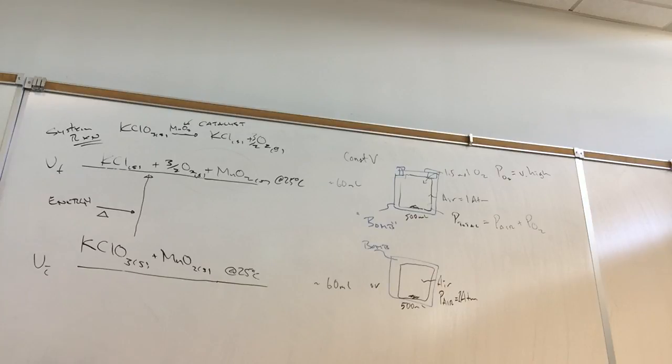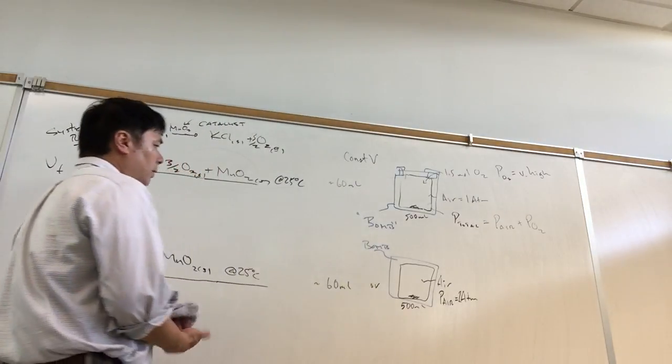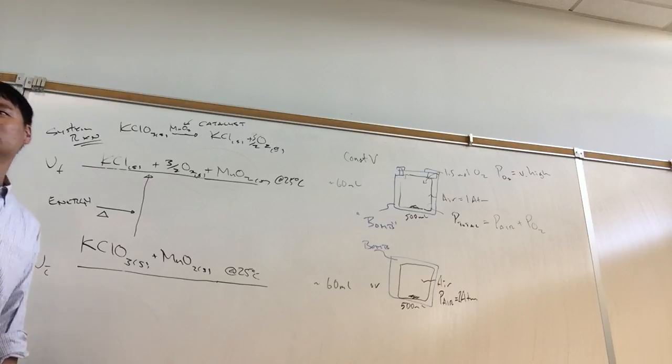If you suck gas away in a vacuum, it's potentially going to implode rather than explode. So for things that can potentially implode, we also need a bomb-style apparatus to prevent implosions.